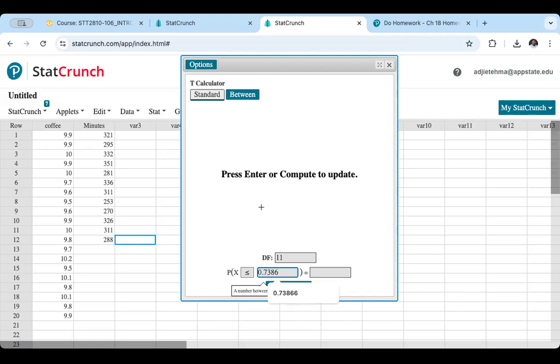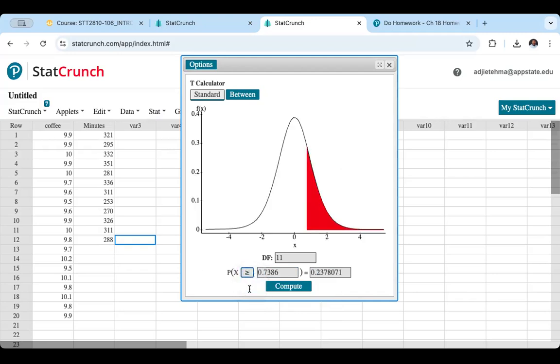In our case, the alternative was greater than. So we change this to be greater than. Is that okay? And then when you hit compute, it gives you the p-value here. So you can see our p-value is 0.2378. So that is how to read the p-value.